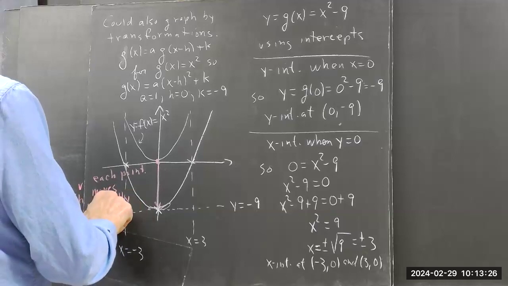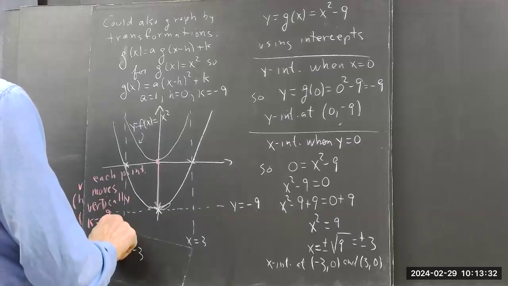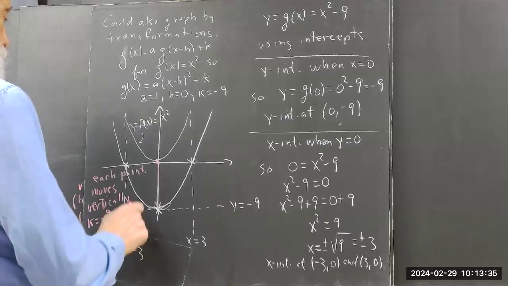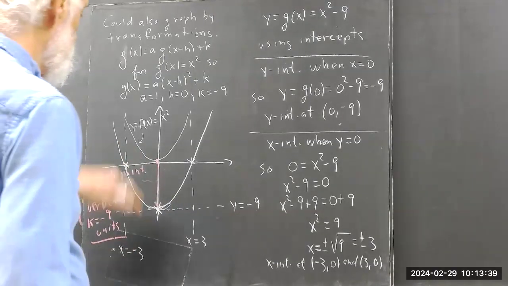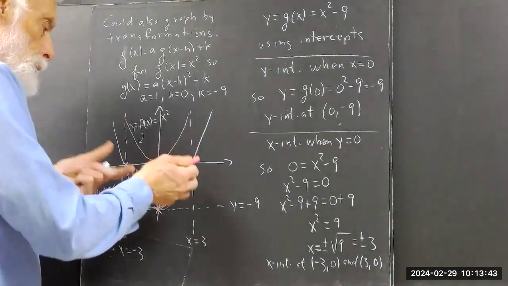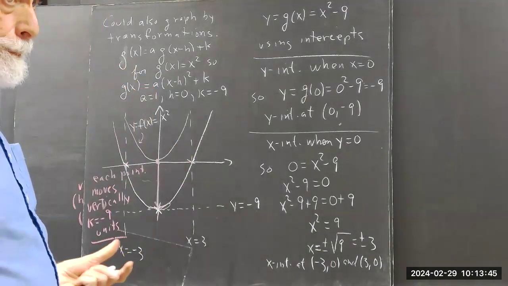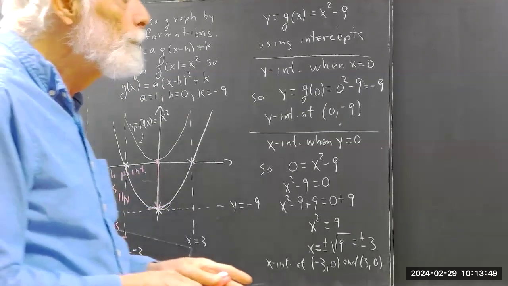Each point moves vertically. k equals -9 units. So that's kind of indicated by what happens to the red dot vertex. But every other point moves along with it. And there's our transformation. Okay.